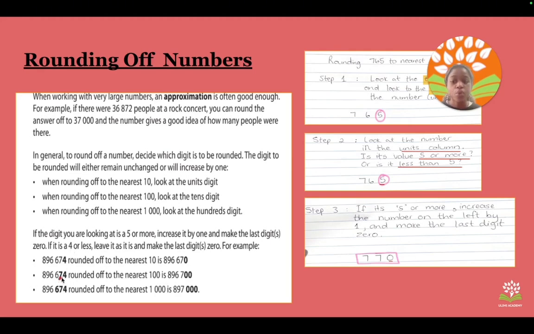It is 5 or more, meaning that the number in our hundreds column will increase by 1. Can you see that this 600 over here now changes to 700, and then all the numbers after it change to 0? If this still doesn't make sense, don't worry, we will work through it together.